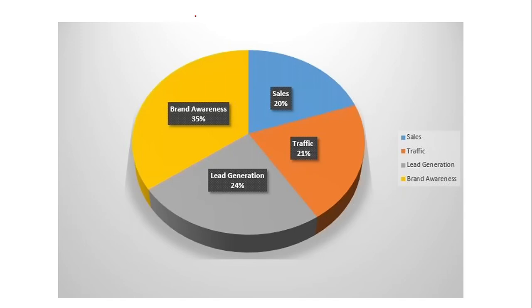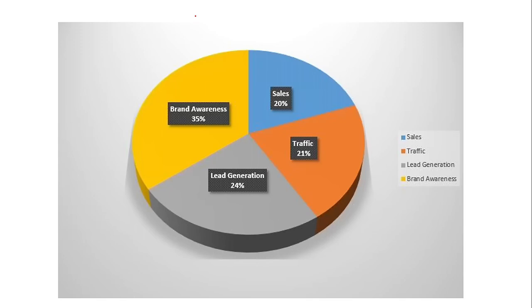So your KPI could be increased brand awareness by 35%. See how you can measure that. To increase sales by 20%, to increase traffic by 21%, and of course to increase lead generation by 24%. So these are just some parameters or measurable KPIs that you can factor in.